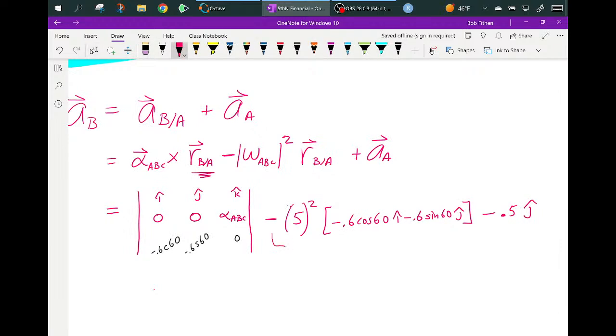So I have my centrifugal part. I have the movement of the end, and then I have the other.